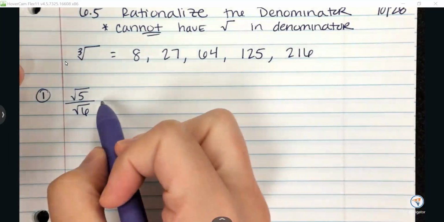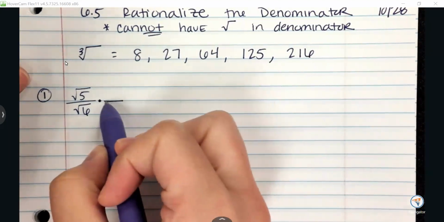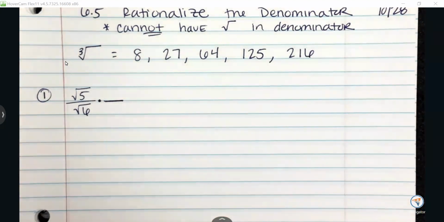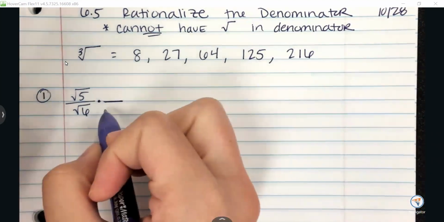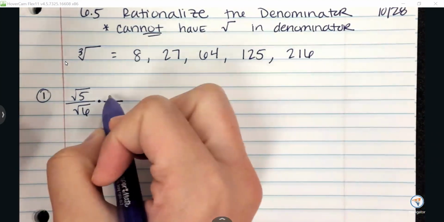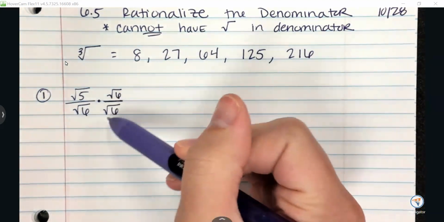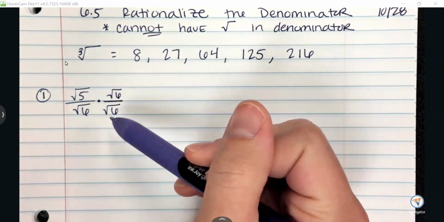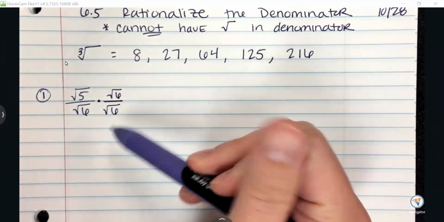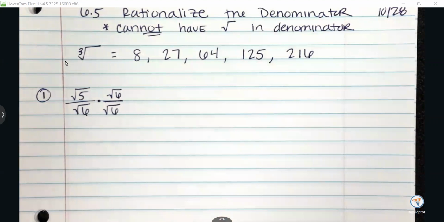So I can only multiply by 1, and the way I get a 1 is same over same. So I can multiply this by square root of 6 over square root of 6. What is square root 6 divided by square root 6? 1. So I can multiply by anything in the world as long as it's same over same, because I'm not actually changing my problem. Okay.